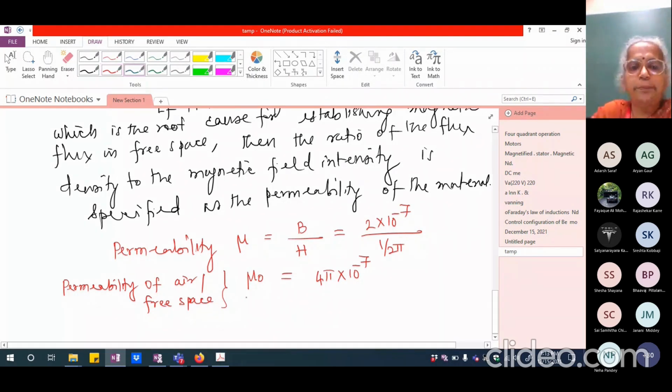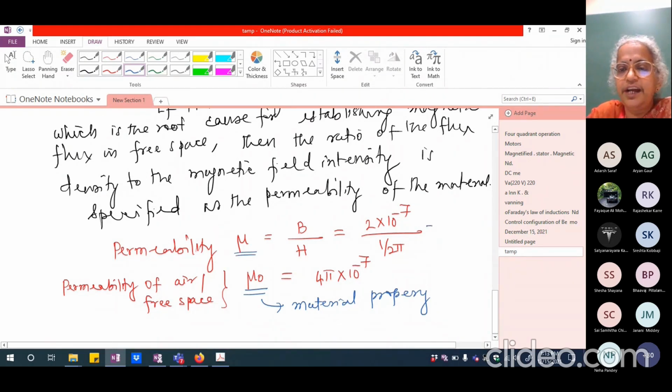So mu naught happens to be a material property. Mu is basically a material property, and if I try to write the unit of this mu, it is essentially Weber per meter square on the top, divided by ampere per meter.